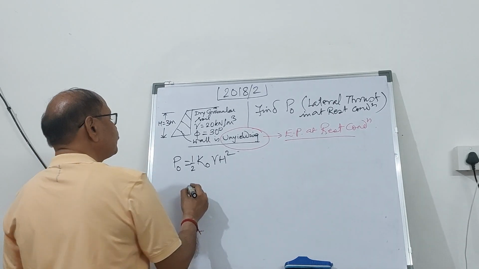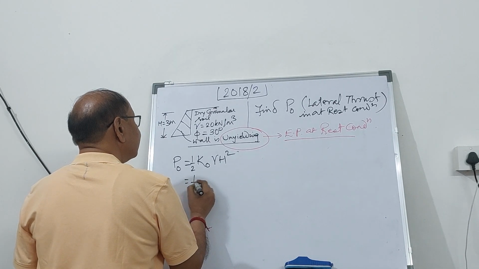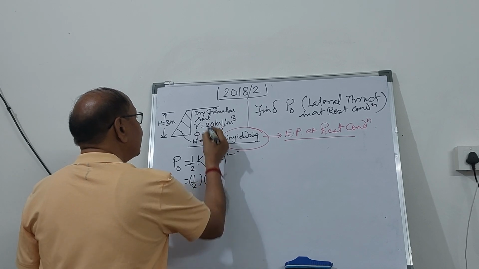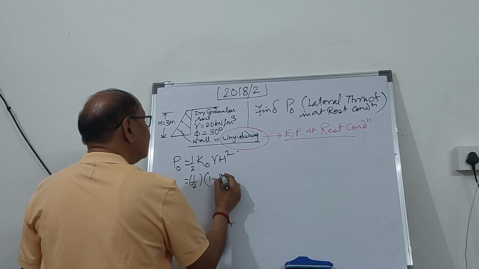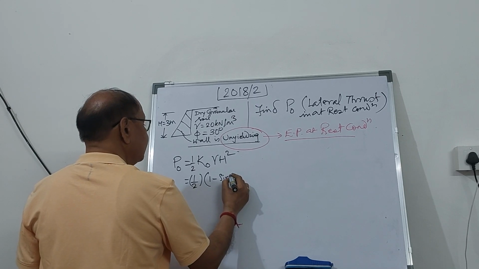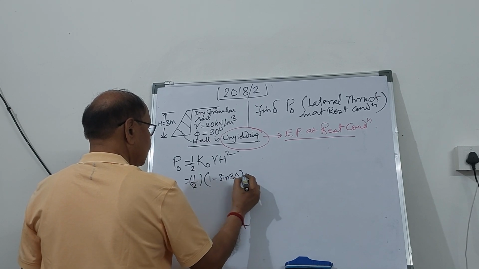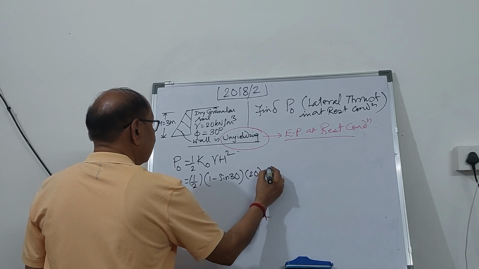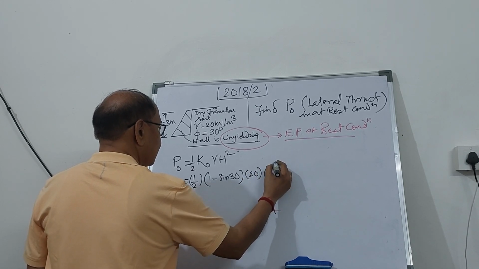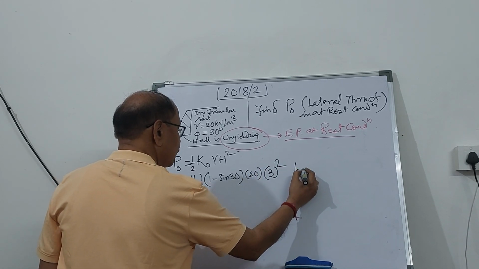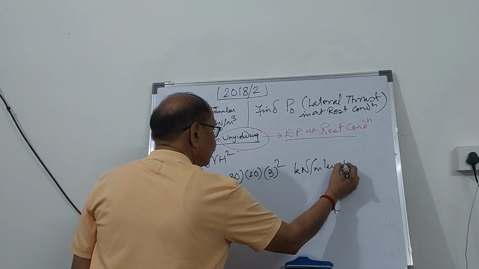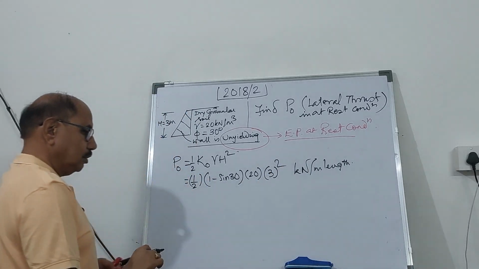And this can be further written as half, K naught will be for dry granular soil 1 minus sine phi, that is sine 30, and gamma is 20 and height is 3. So much of kilonewton per meter length of the retaining wall.